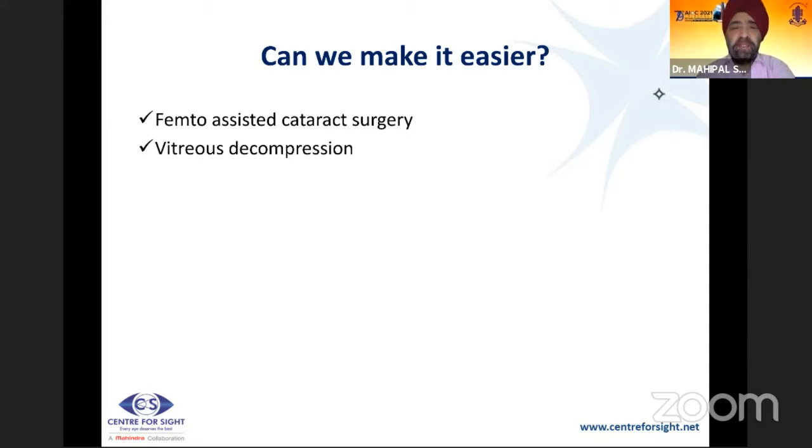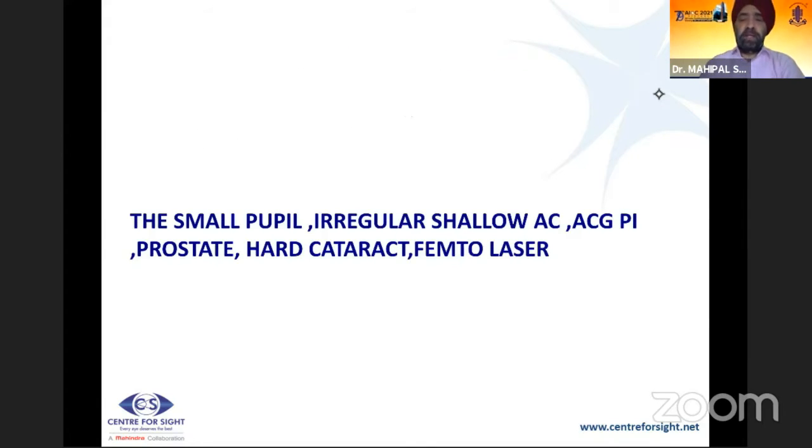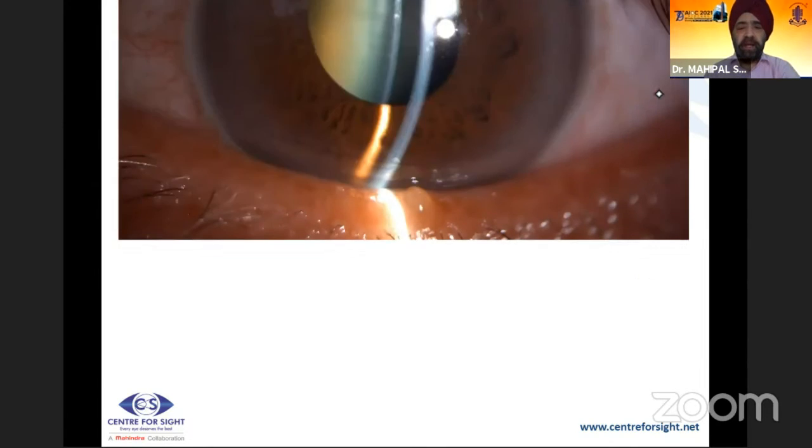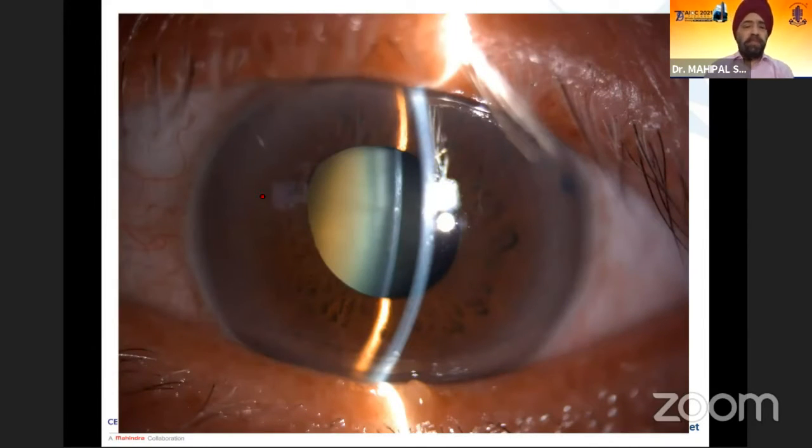So how can we make this easy? Let's first talk about the two things that we want to look at. One is the capsulotomy, and the second is the upthrust of the vitreous in these particular cases. Let me show you a patient who had an irregular AC. The patient had an attack of angle closure glaucoma. There is sphincteric atrophy, and the mid-dilated pupil is rigid.